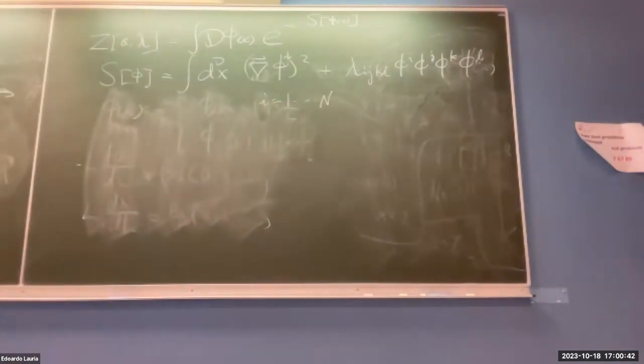Now my beta function becomes this, plus epsilon. Okay.